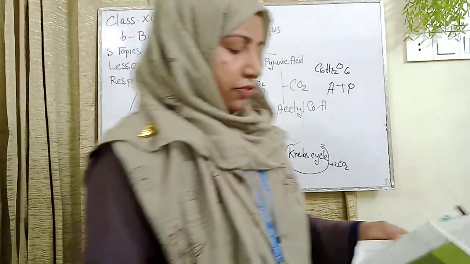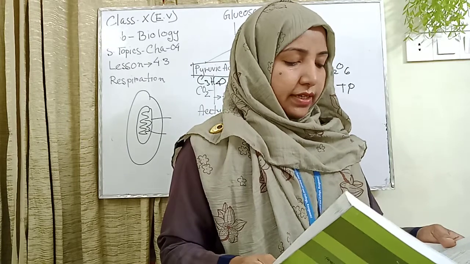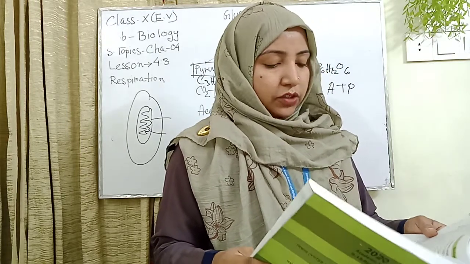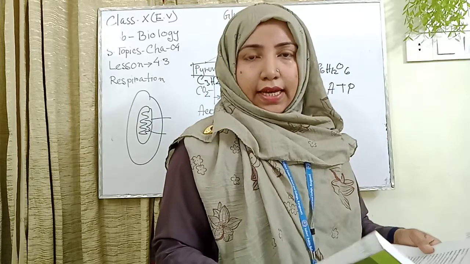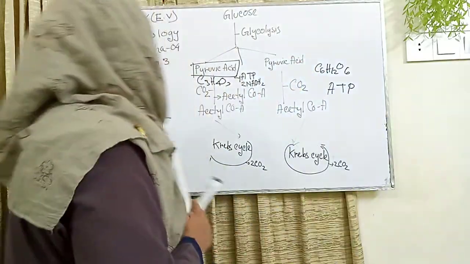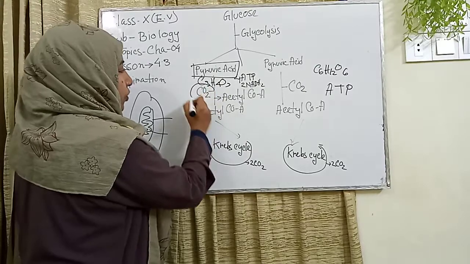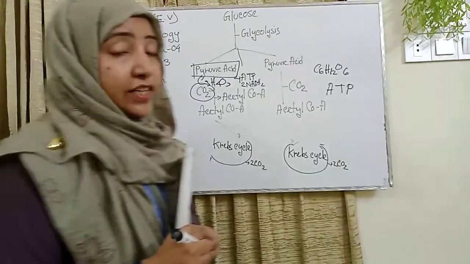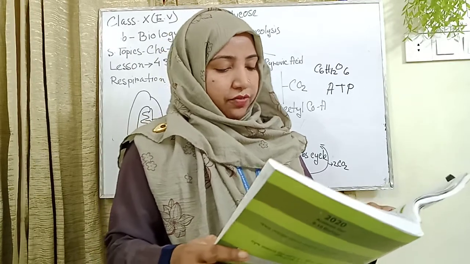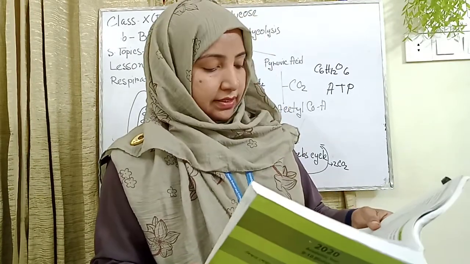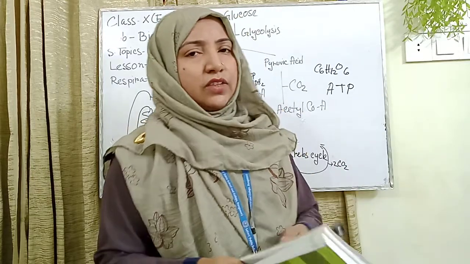Each molecule of pyruvic acid produced in glycolysis is transformed into a molecule of 2-carbon acetyl-CoA, a molecule of carbon dioxide, which is released from this structure, and a molecule of NADH plus H plus. The third stage is the Krebs cycle.